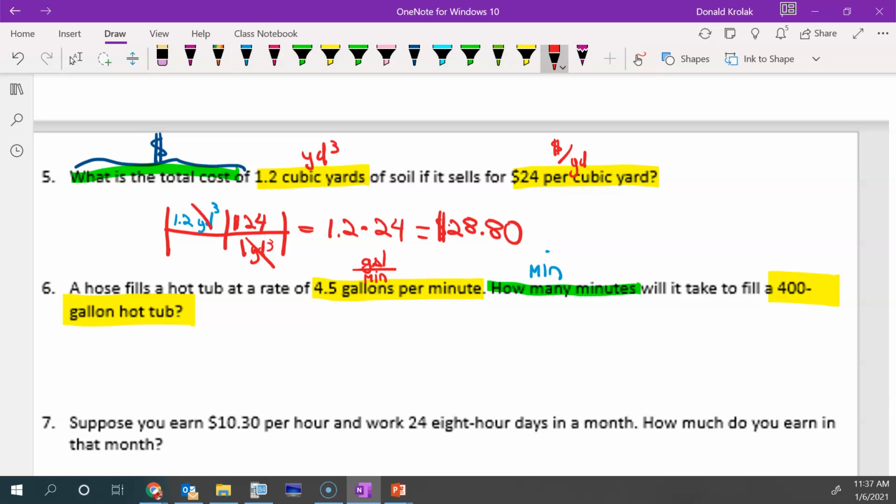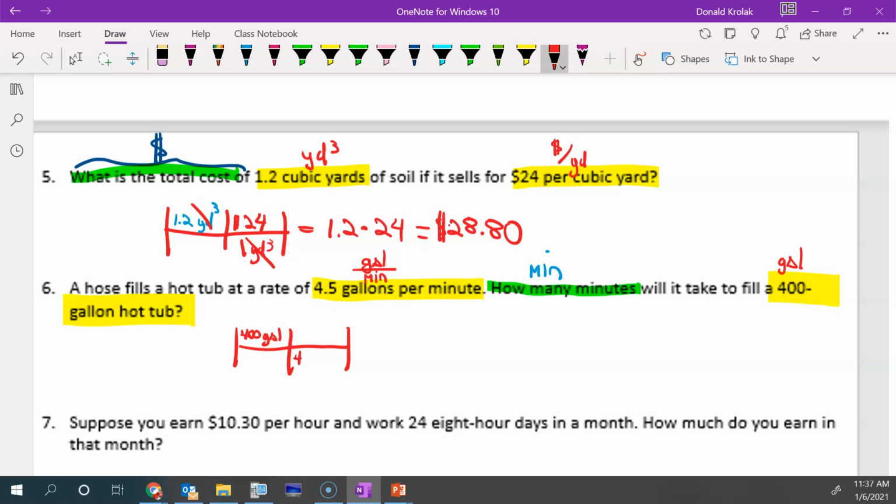Now, I want to take these two and write them out so that I only have minutes left. Now, watch what happens. I'm going to write this as 400 gallons. How do I write this one so that the gallons cross out? Yeah, so what I'm going to have to write this as is 4.5 gallons per minute.